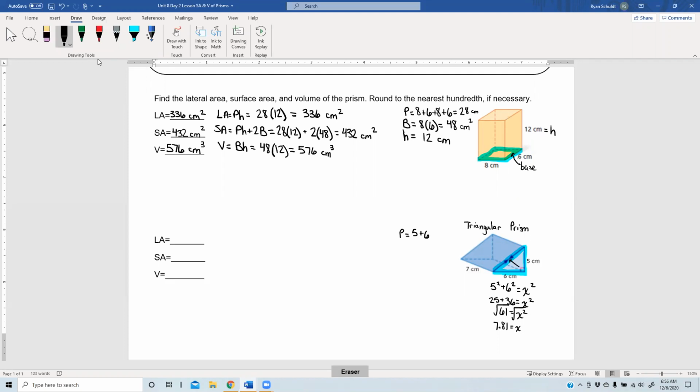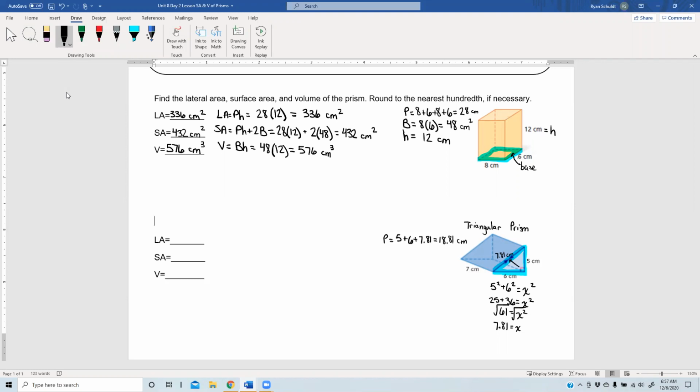So this side is approximately 7.81 centimeters. That's what we need to add for our perimeter. If we add those three items together, we'll get 18.81 centimeters.